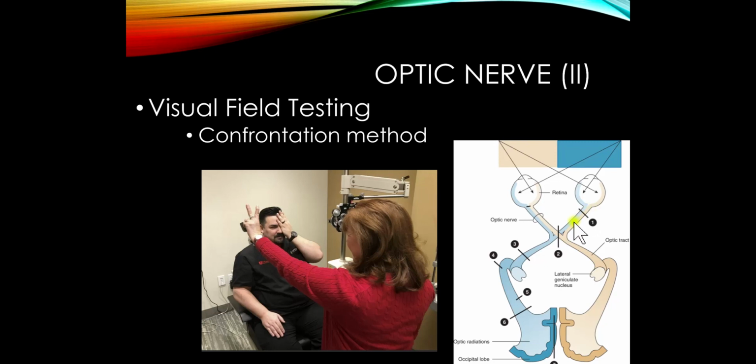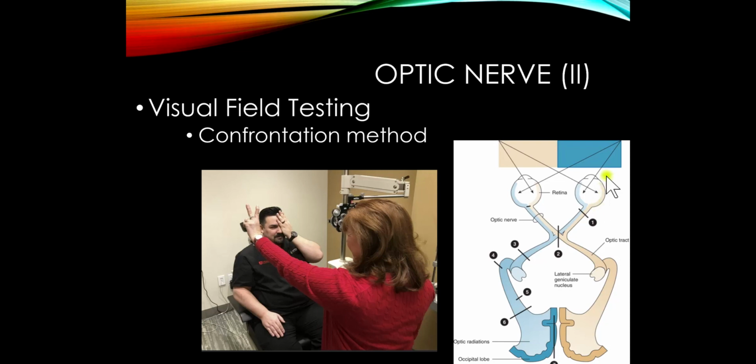It travels through the optic nerve, optic chiasm, optic tract. Remember, anything that is going to the brain has to synapse through a nucleus of the thalamus. So for vision, it's the lateral geniculate nucleus. And then via the optic radiations back to the occipital cortex.